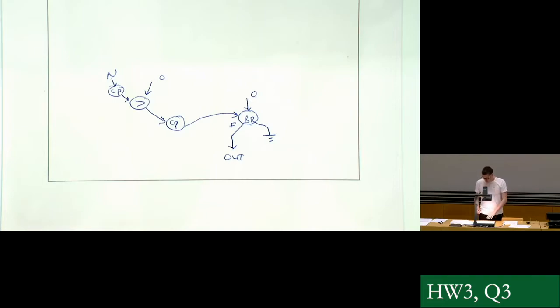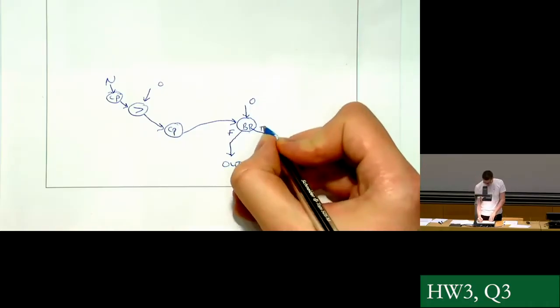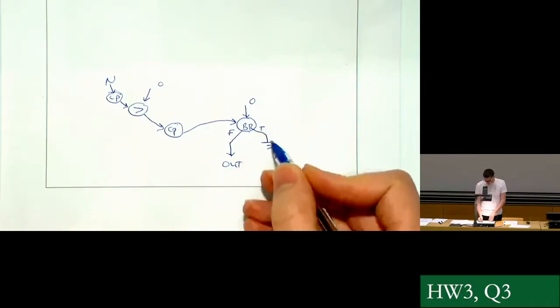The next step is making it work for other values too. For n equals 1, it should return 1, so we should do something else to implement that case. Let me put t here to indicate the true path.